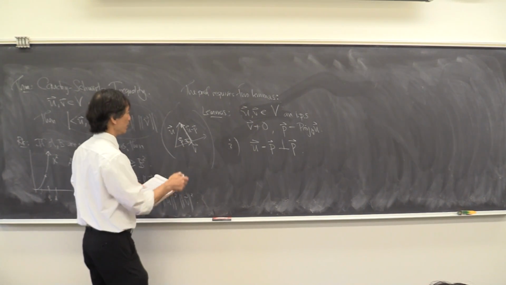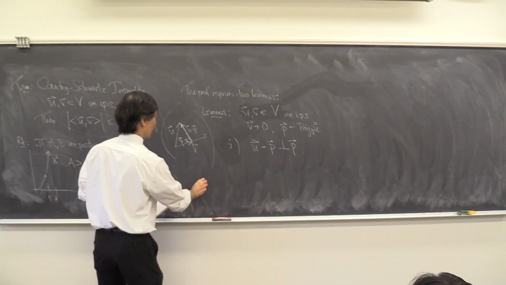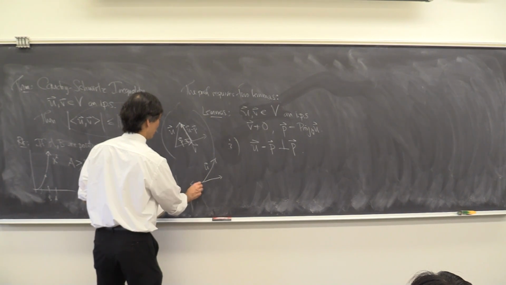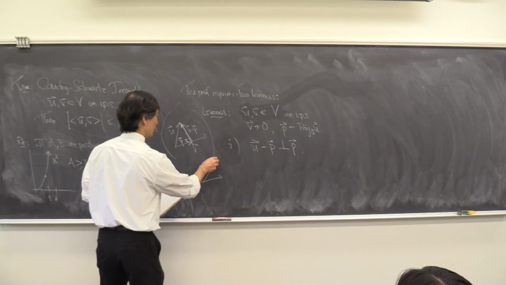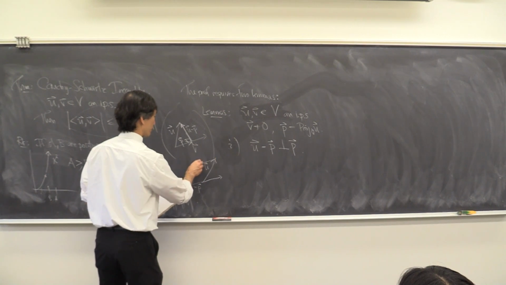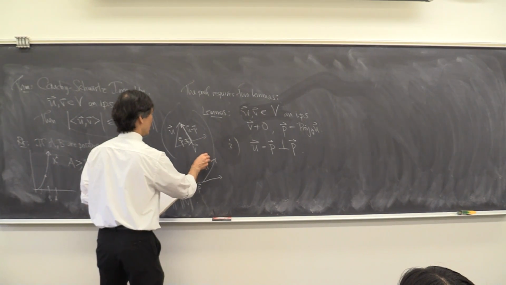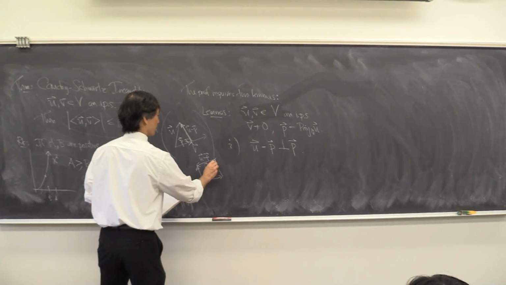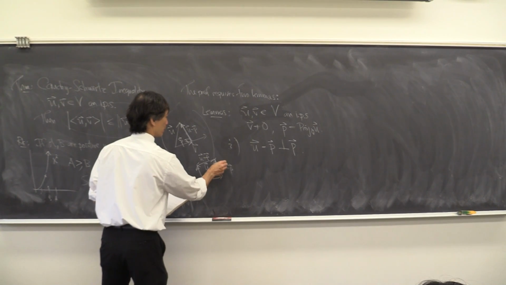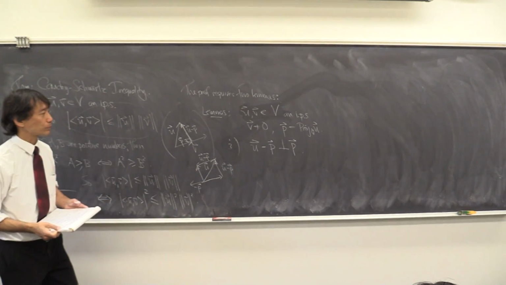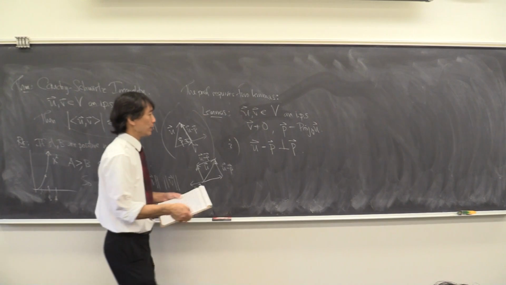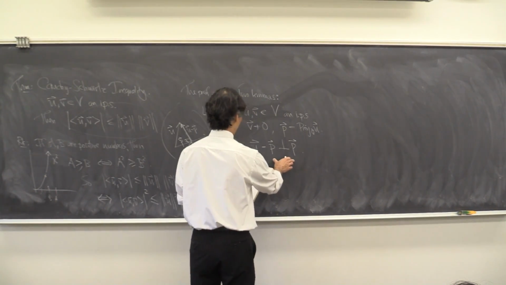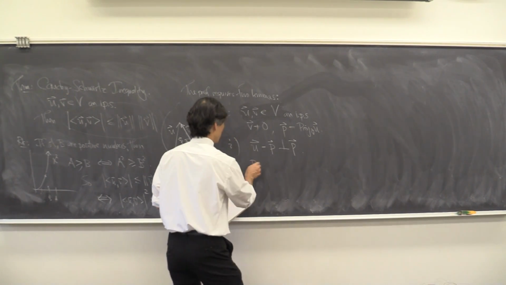Or if you want to think, you've got U, you've got P, you've got minus P, and U plus minus P is this guy, which is this thing here. So the first claim is that U minus P is perpendicular to P. Let's see how that works.